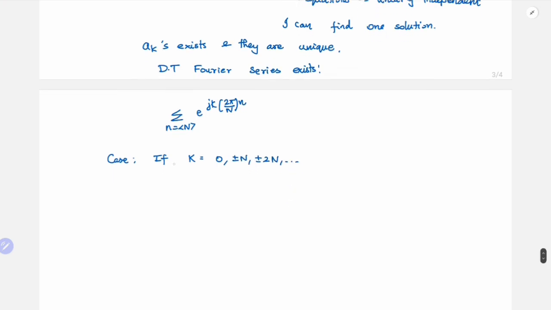Then we will get the summation of e power j, with k as some m times N, into 2 pi over N into n, where m is an integer. So this will be e power j, 2 pi, N cancels, m into n. This is nothing but an integer multiple of 2 pi, which we already saw is going to be 1, right? And it is summed over N terms. So this is going to be equal to N. So when k is a multiple of N, our summation is going to be equal to N.